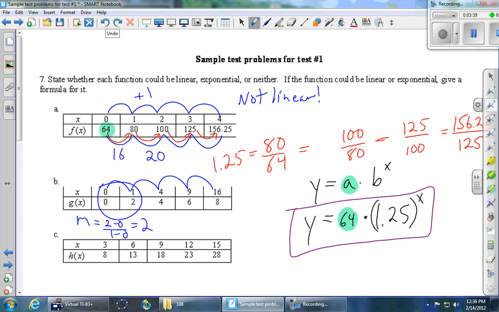So the slope of the first 2 points is 2. And then compare that with the slope of, say, the second and third points. 4 minus 2 over 4 minus 1, which is 2/3. And that is not the same as the slope that we found in the beginning. So because 2/3 is not the same as 2, these points have different slopes, which means we're not looking at a line.